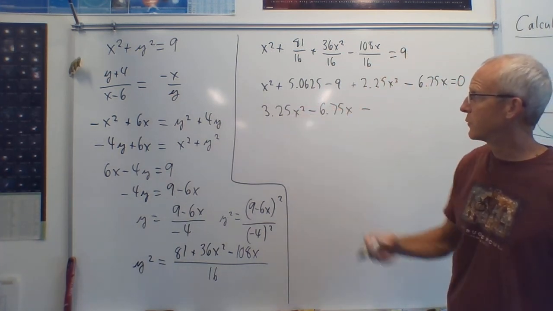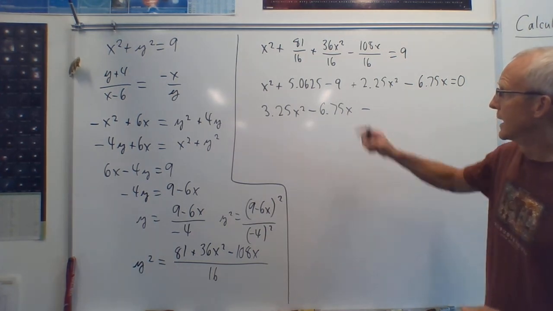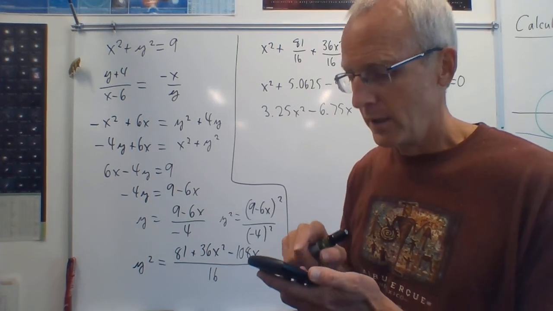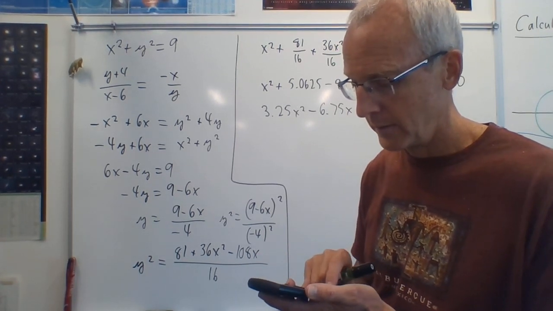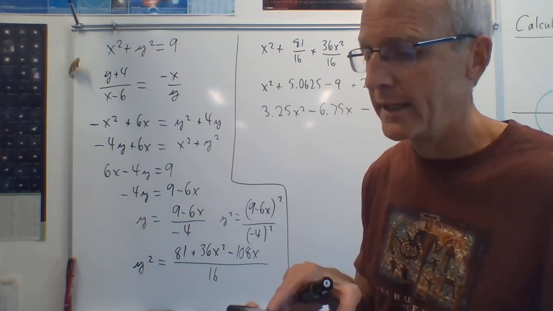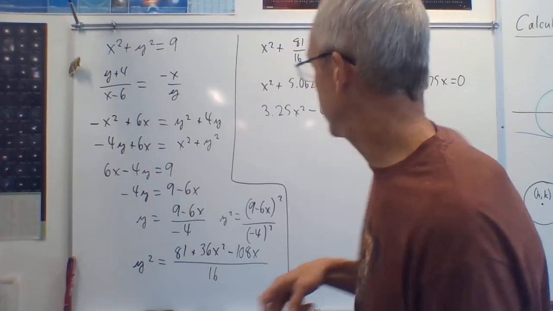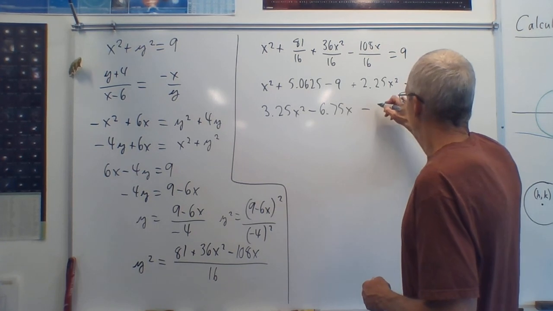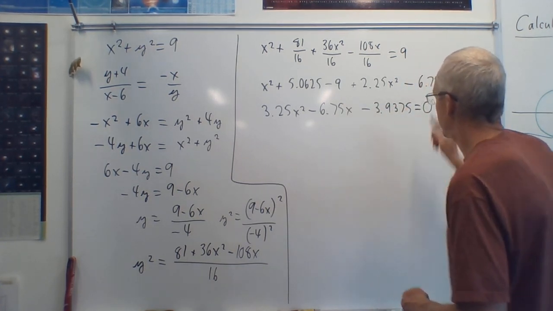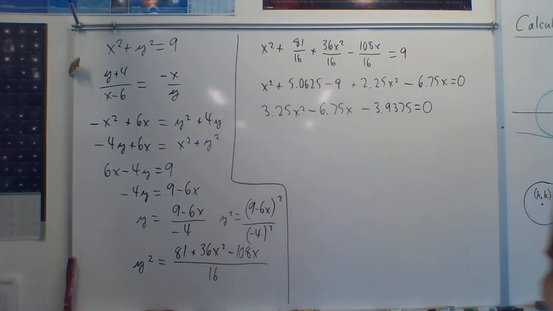Negative 9 is bigger than 5.0625, so we have to go negative 9 plus 5.0625. So I can do that in a calculator. So that is negative 3.9375. So 3.9375 equals 0. All right, now it looks like the quadratic formula.